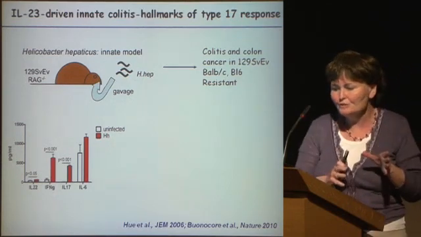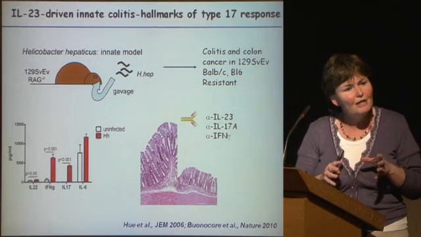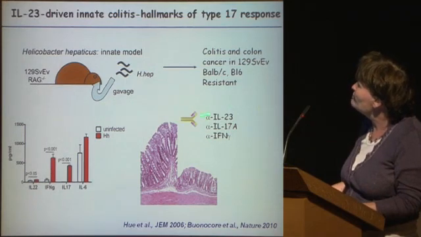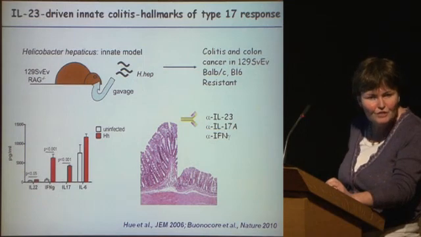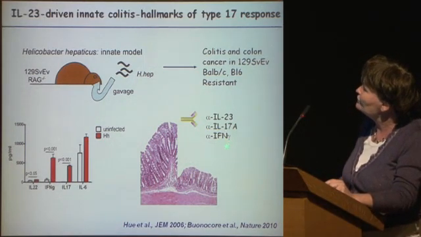And we were able to show in early studies that this was inhibited by an antibody to interleukin-23, and it is also inhibited by a number of the cytokines that have a role in driving the T-cell dependent disease, including interleukin-17A and interferon gamma.